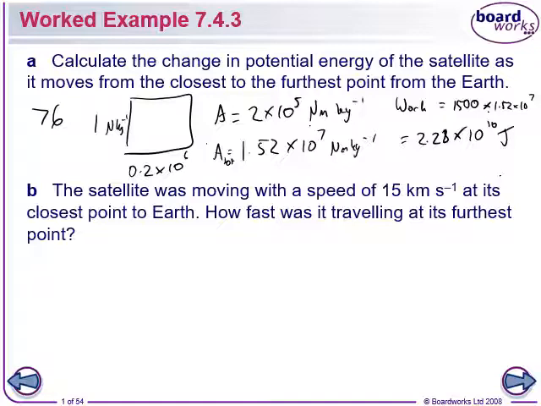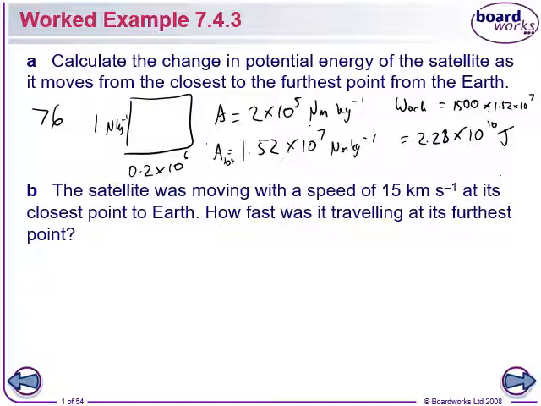So for every kilogram of mass, we have that much energy change. We have 1,500 kilograms worth of mass, so to get the total energy change, we have to multiply the energy per kilogram by the number of kilograms. Does that make sense? Just remember, if you have a gravitational field strength against distance, you need to multiply by the mass.